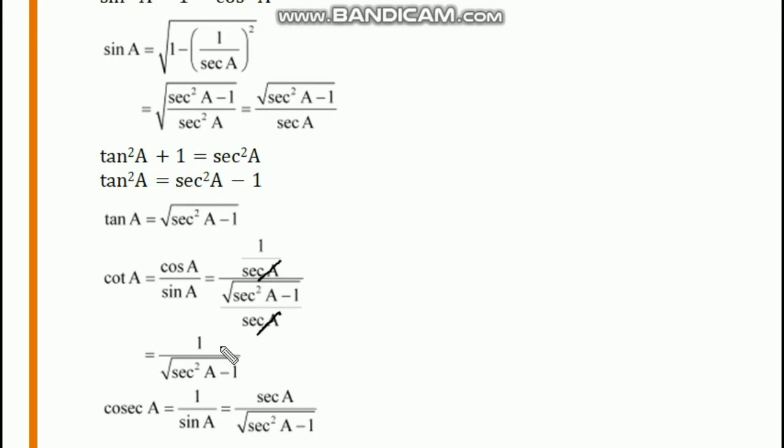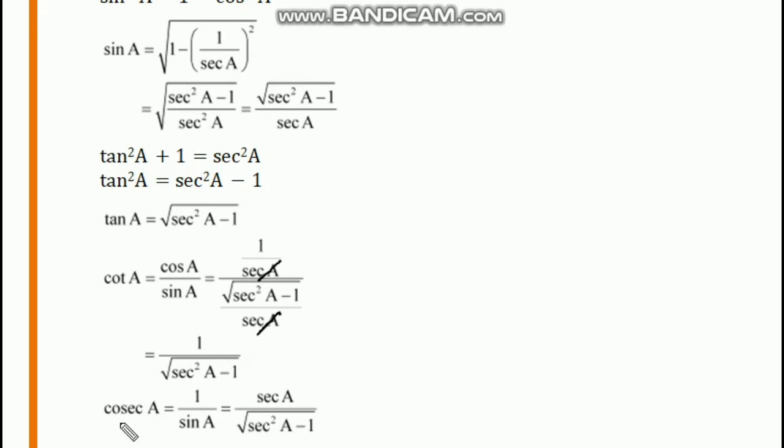If we take the reciprocal, the remaining will be 1 divided by square root of secant square A minus 1. Or else directly you can take cot A equals 1 by tan A. So tan A, you know, is square root of secant square A minus 1. That concept also you can apply here.